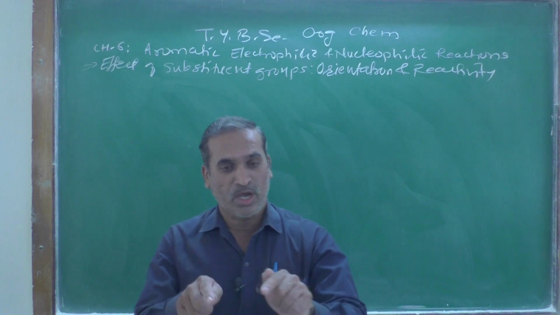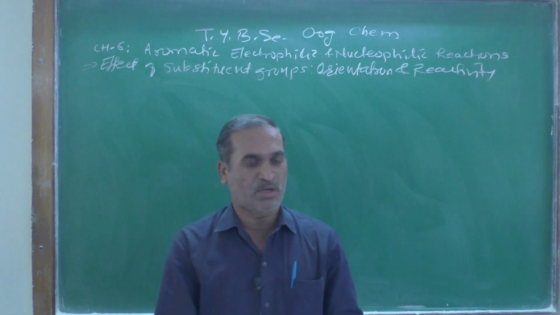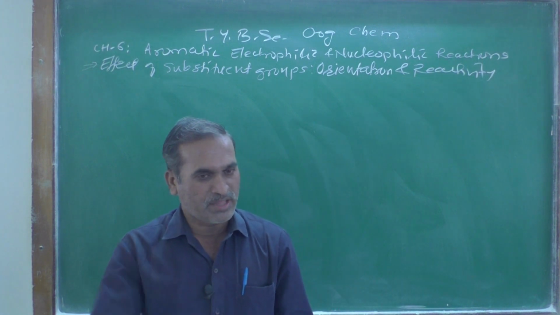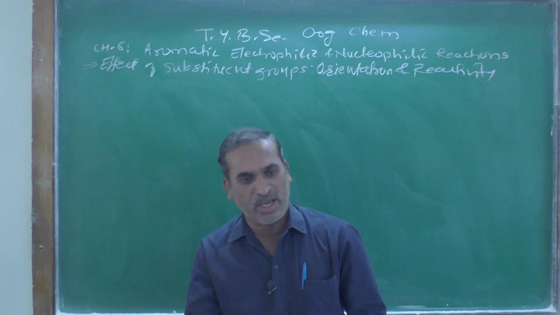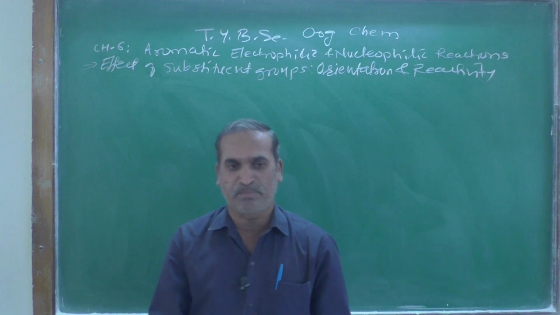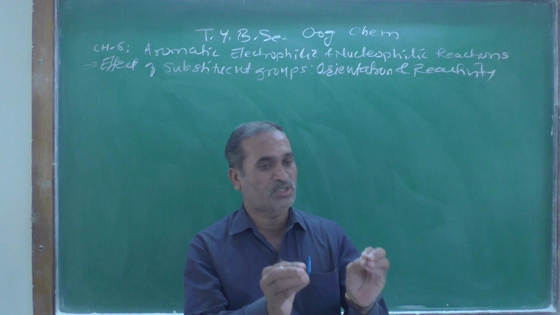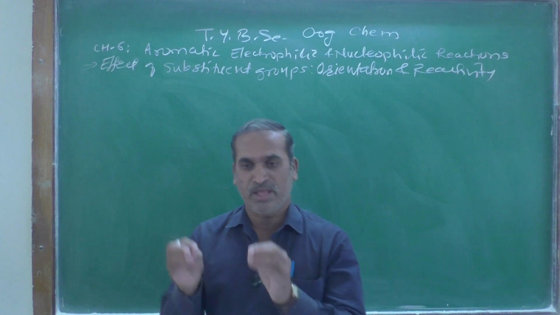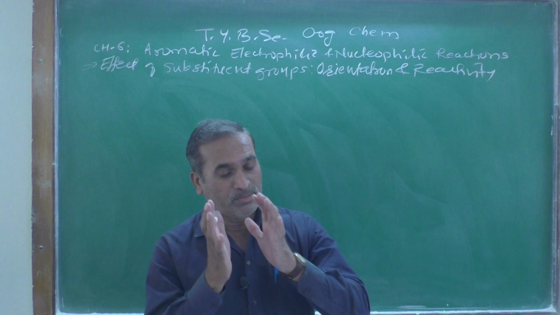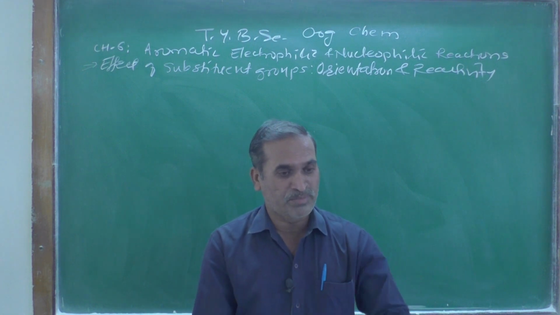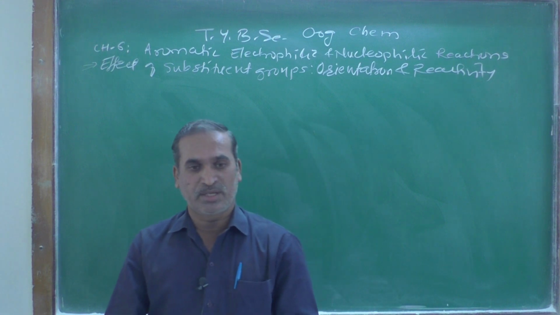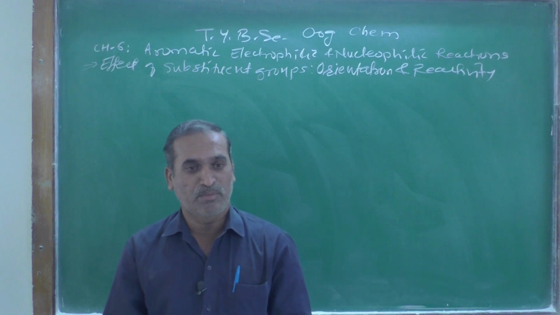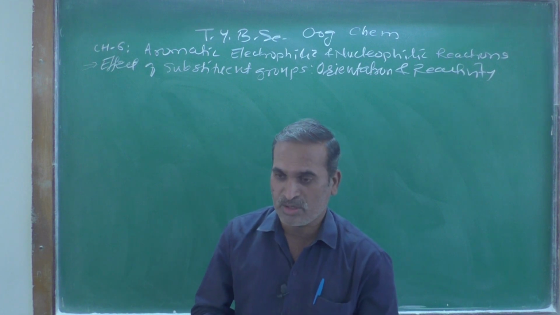But if the benzene contains any substituent, suppose a monosubstituted benzene, and these types of reactions are carried out on the substituted benzene, then a mixture of products is obtained. We get the ortho product, meta product, and para product. Why do some monosubstituted benzenes give the para product as major, some the meta product as major, and some the ortho product as major?